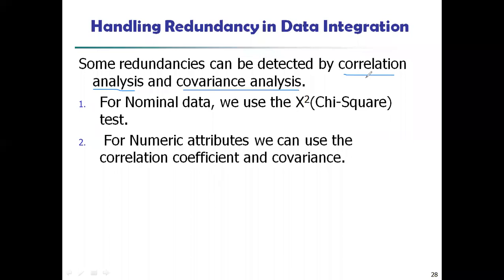Correlation analysis is performed for two kinds of data: first nominal data, second numeric data. Correlation analysis is performed on nominal data and numeric data. Covariance analysis is only performed for numeric data only.